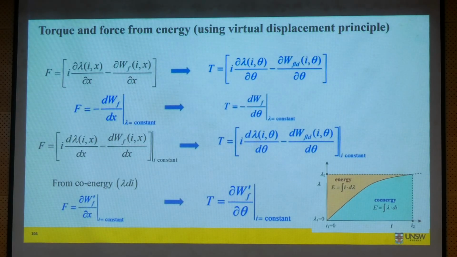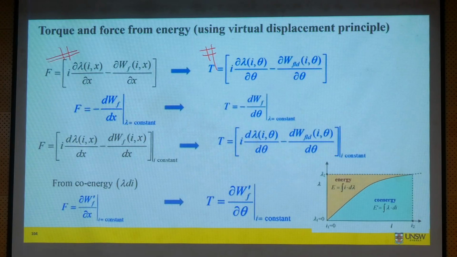In finite element analysis, they actually try to solve this equation. There are different ways, and one of them, if they are using magnetic energy to calculate torque or force, is to use this basic equation that comes from the energy conversion.